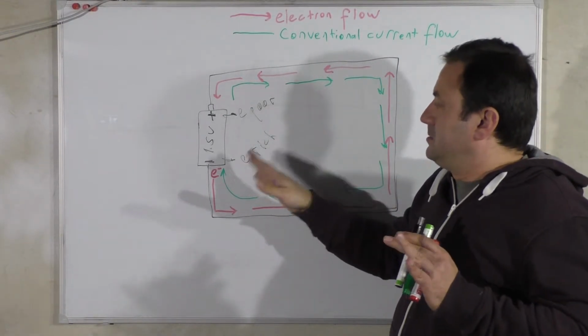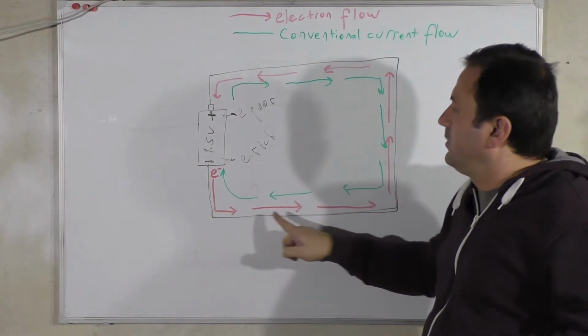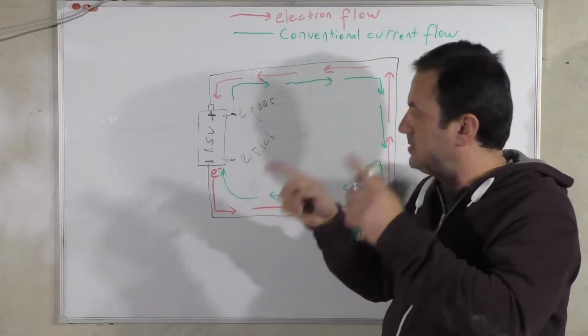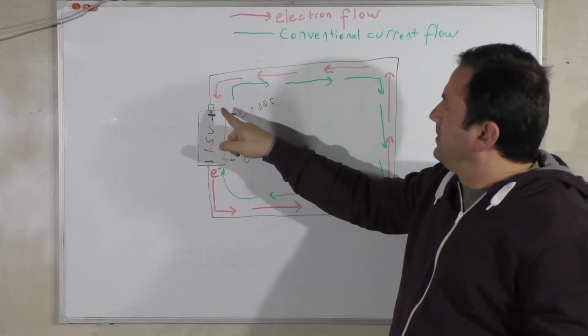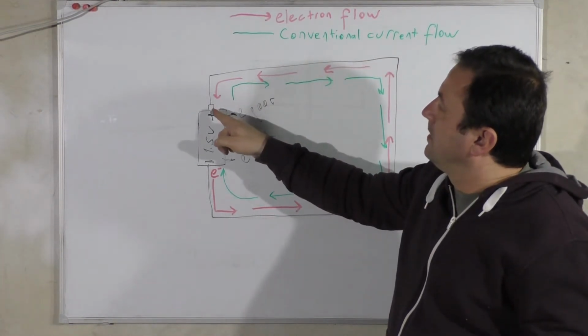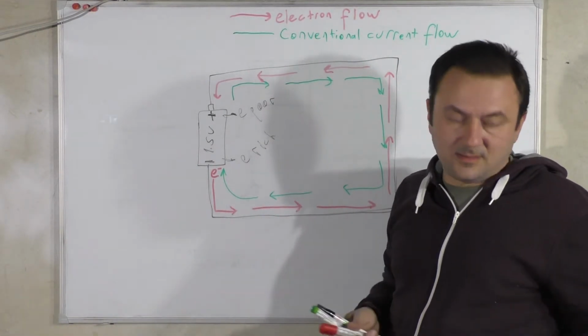Just know in your mind that electrons flow from minus to plus, but when calculating the direction, always think of conventional current flow from plus to minus.